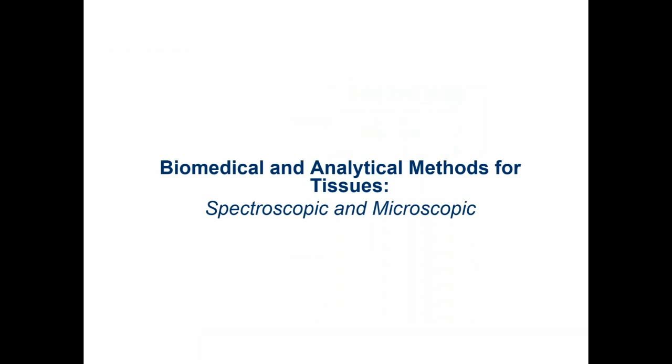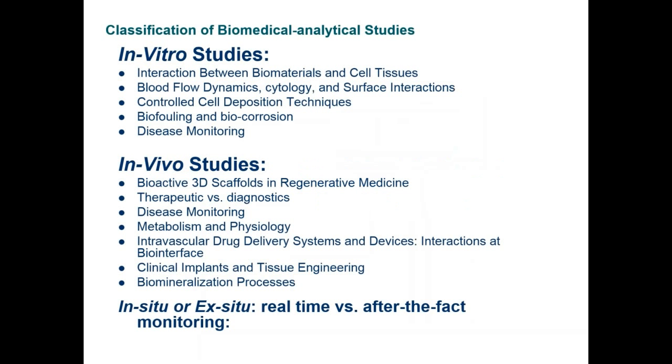Now, looking at more macroscopic behavior in both in vitro and in vivo methods, let's classify this as spectroscopic and microscopic in nature. This means that you can apply the spectroscopic methods in either in vitro or in vivo studies.